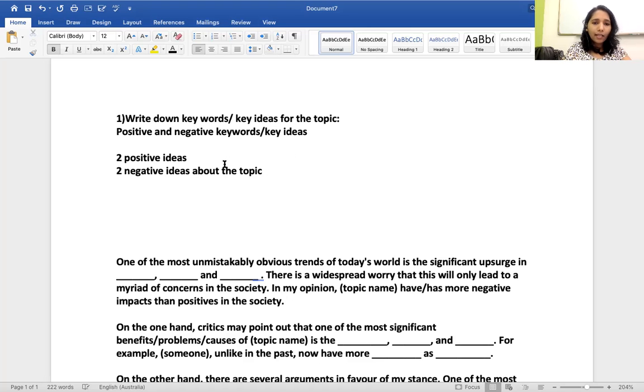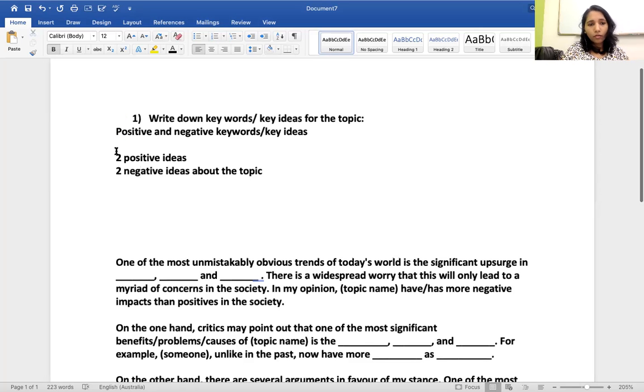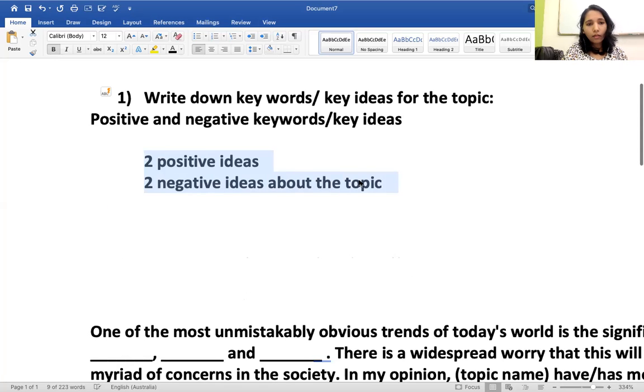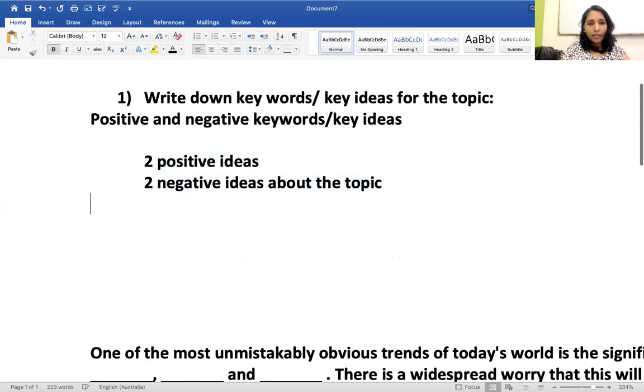Okay, the second thing that you do is, after you have written down the key ideas or keywords for the topic, and the positive and negative ideas about the topic, you write down a topic sentence.